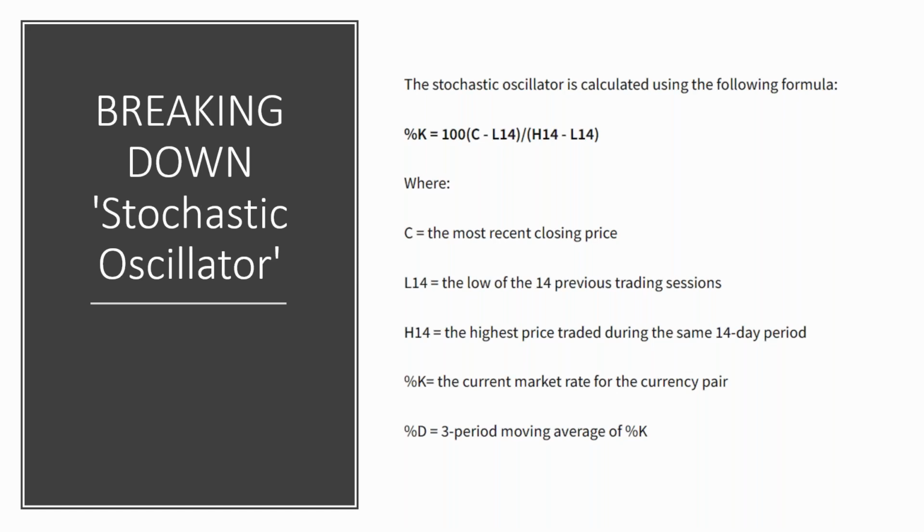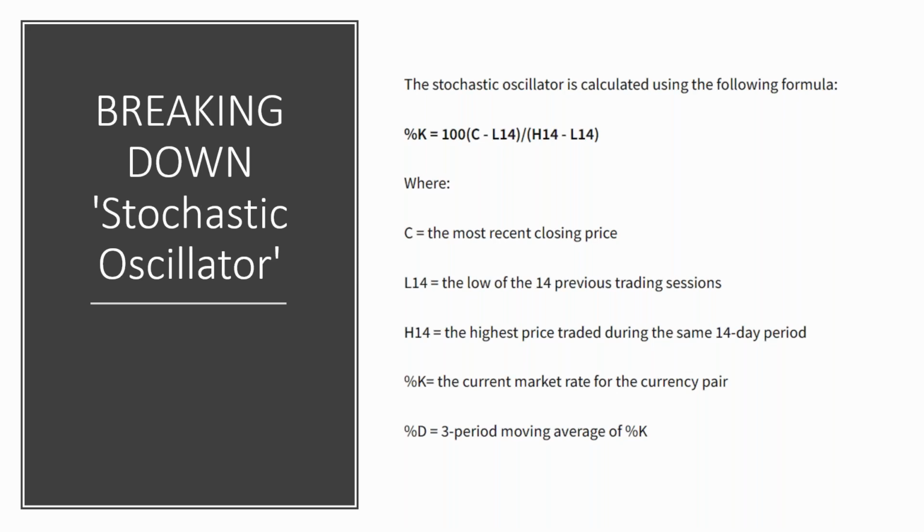So that's for a 14-3-3. If we're using an 8-3-3, instead of the 14 previous sessions, we're using the high from the 8 previous sessions and the low from the 8 previous sessions. And that little formula will give us the percent K.